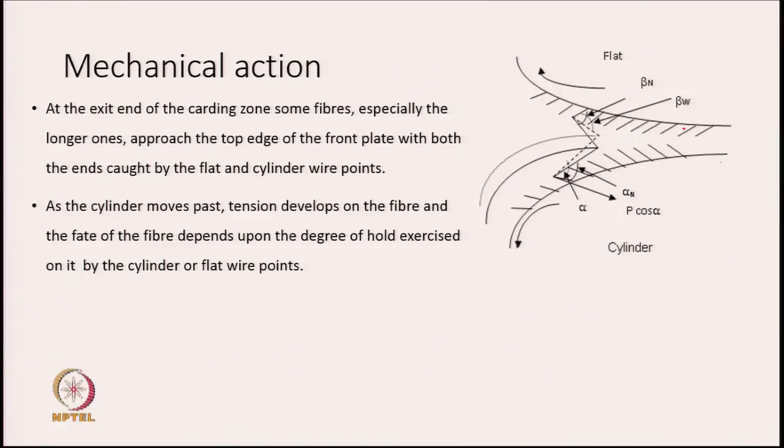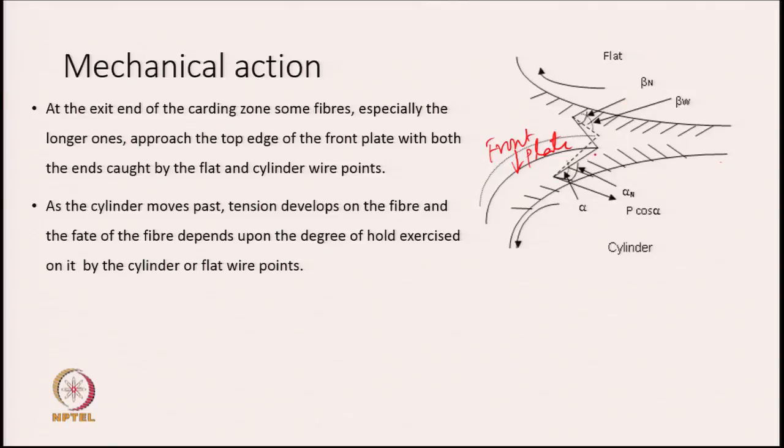At the exit end of the carding zone, some fibers, especially the longer ones, approach the top edge of the front plate. Here is the front plate. So, some long fibers will approach at the exit end the front plate with both the ends caught by the flat and the cylinder rod point.